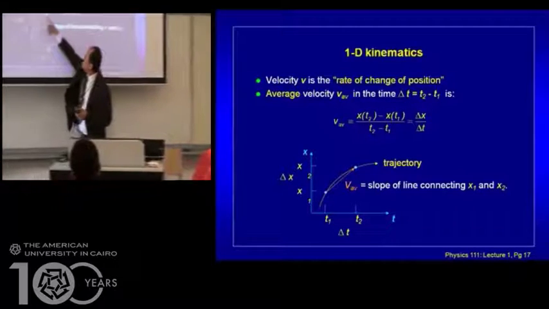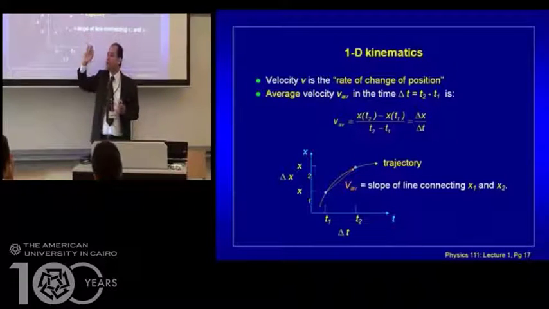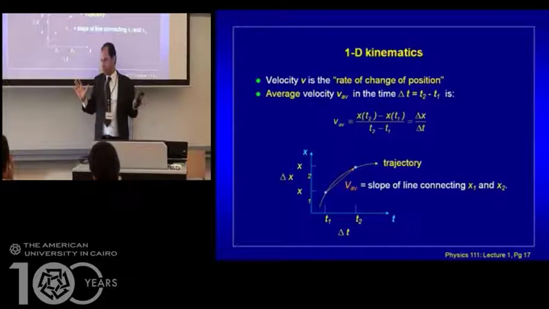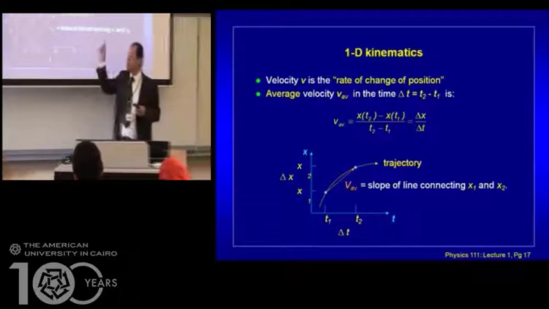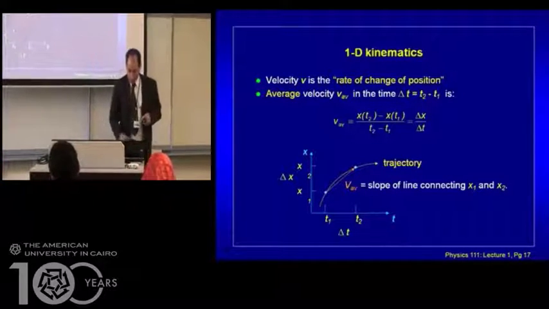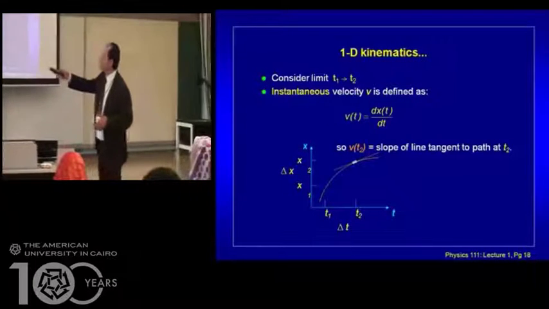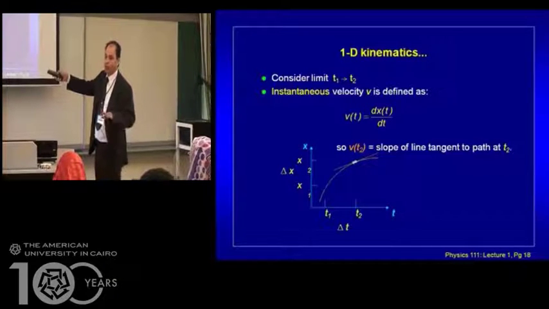If we take T1 somewhere in here, so the difference between T1 and T2 is almost zero, and we connect those two points by a straight line, that will give us the tangent to the curve. Then we can find the slope of that line, and that will give us the instantaneous velocity. Simply, the slope of the tangent line to the curve at that point, where T2 is almost on top of T1, should give us the velocity.